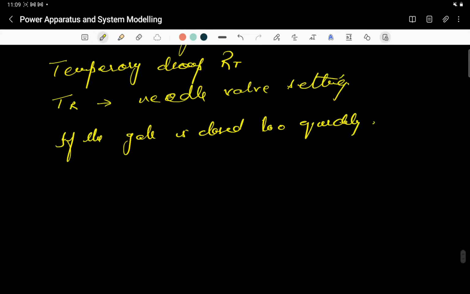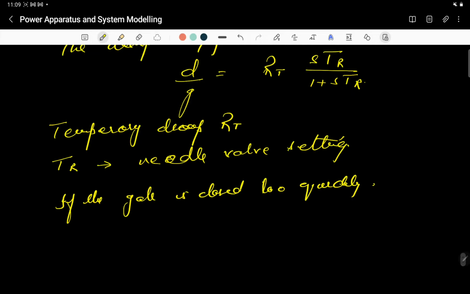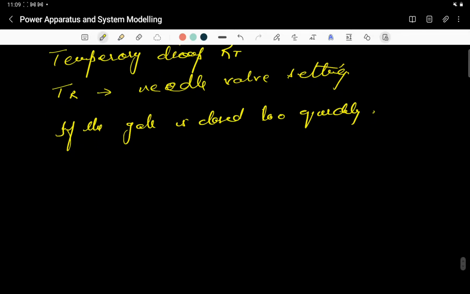So you can see in the block diagram the full representation of the transfer function of each block, which we have calculated earlier in final form. So the block diagram representation of the full governing system is shown here. Let's see that.